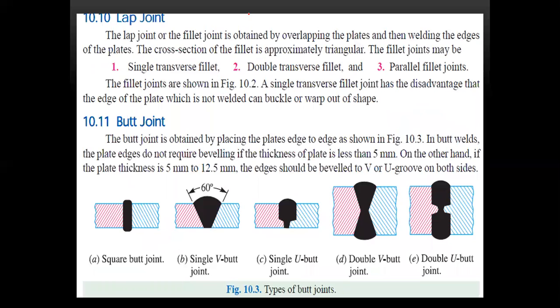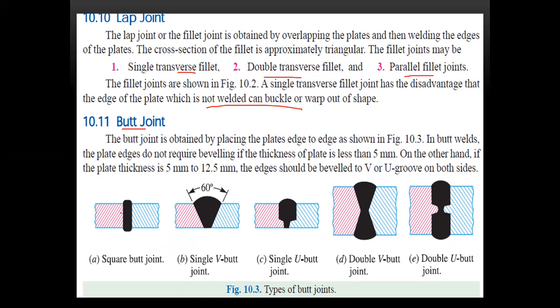Next, coming to the lap joint, you have single transverse joint, double transverse joint, and parallel fillet joint. The fillet joints are shown in the figure. The transverse fillet joint has the disadvantage that the edge of the plate will not get welded and can buckle or warp out of shape.